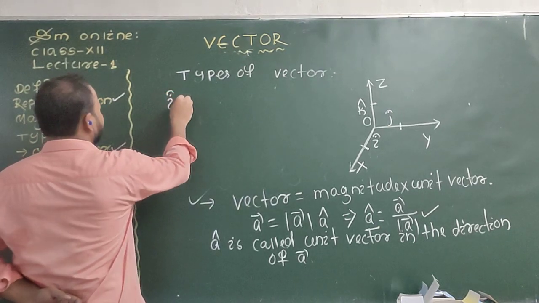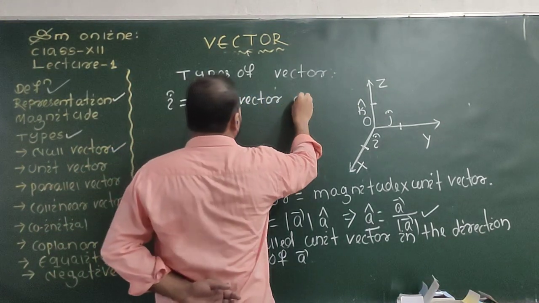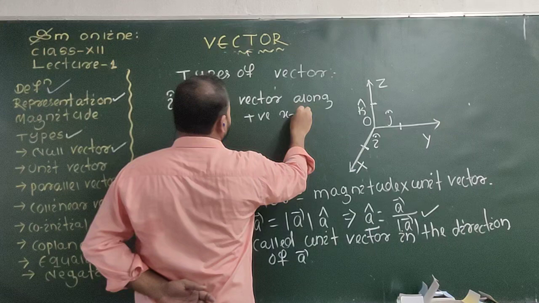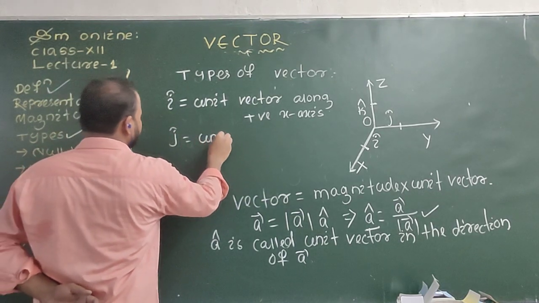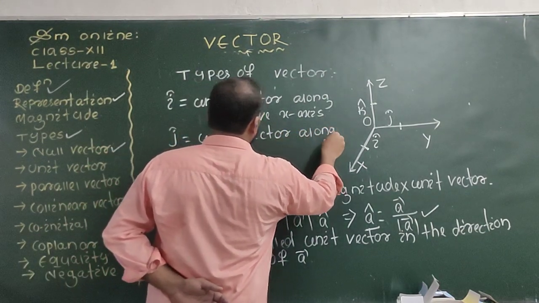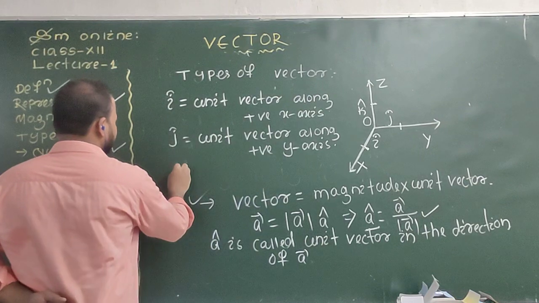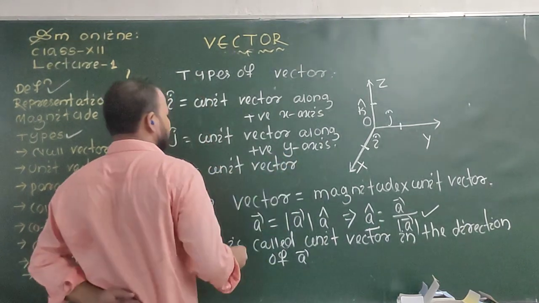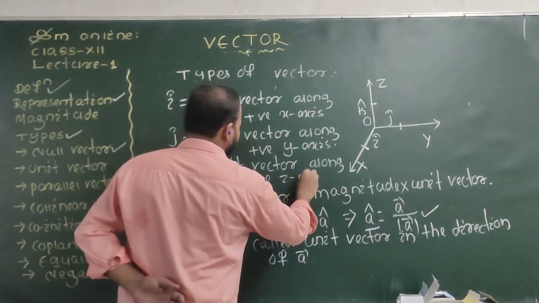That means I cap equals the unit vector along the positive x axis, J cap equals the unit vector along the positive y axis, and K cap equals the unit vector along the positive z axis.